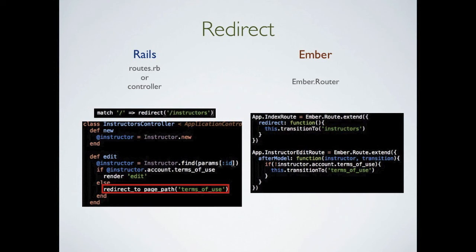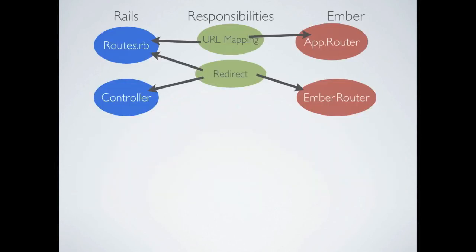It can kind of sort of happen in the controller sometimes, but you're really supposed to do it in the router. And I want to give the one-to-one theory as much of a fighting chance as possible. So give it the benefit of the doubt, we'll say that it can only be done in the Ember router for now. So here's how that is mapped on the bag of responsibilities graph.